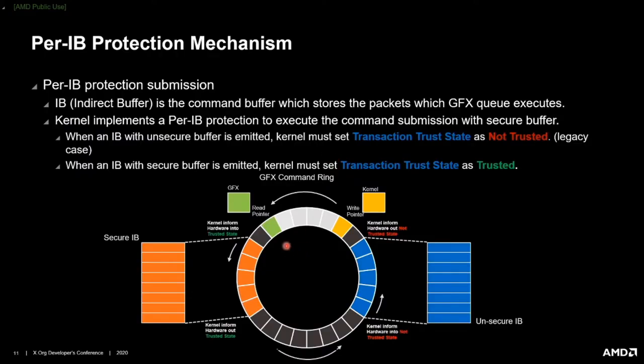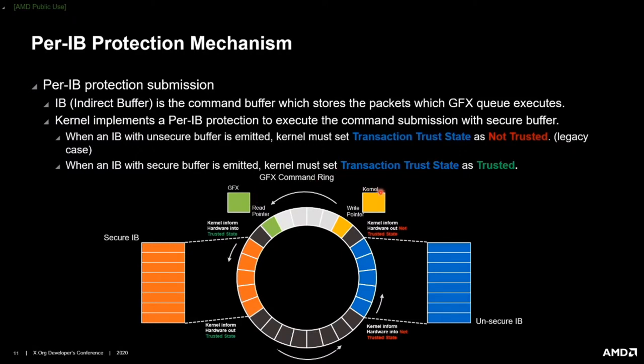Please look at this diagram. This is the graphics command ring, and we leverage the producer and consumer pattern to present the data structure. The graphics queue is the consumer and the kernel is the producer.